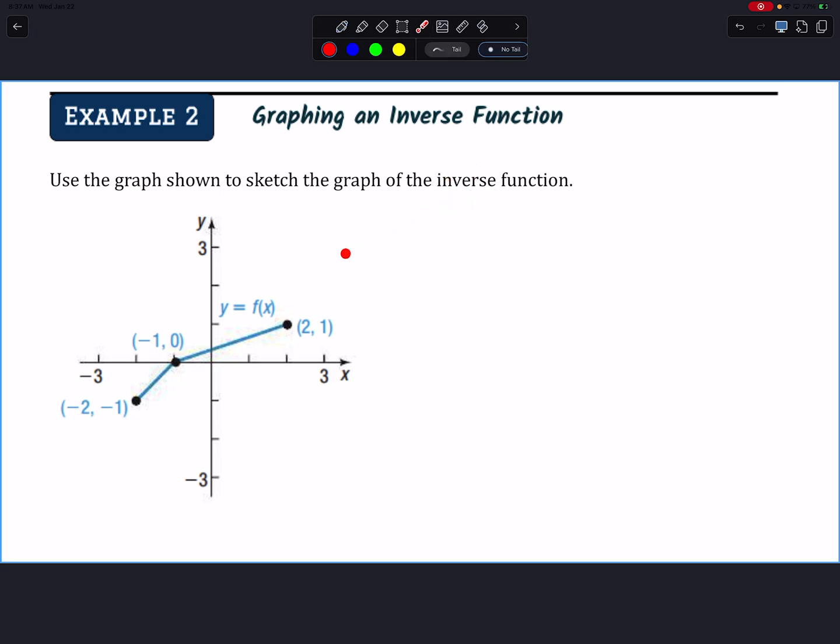But in order to know if it has an inverse, remember it has to be one-to-one. In order for it to be one-to-one, remember it must pass what test? Horizontal line test. If I draw a horizontal line anywhere on this graph, guys, is it going to touch the graph twice? No. So this function does have an inverse. Okay. We just learned that for inverse functions compared to the original function, remember the domain and range switch. So all you have to do to sketch the inverse function is switch the x's and y's.